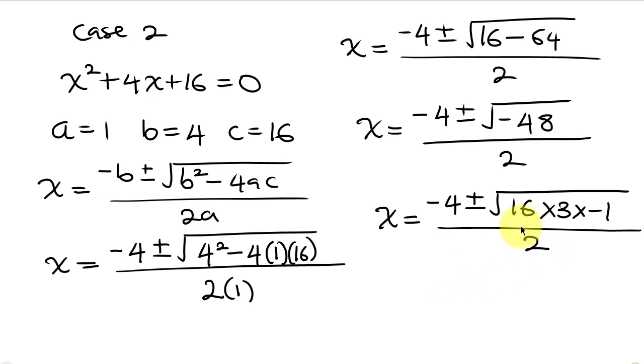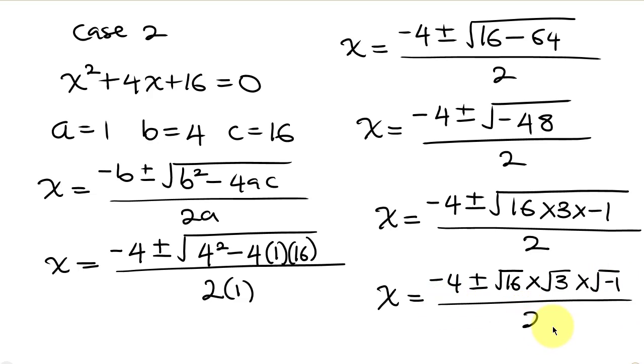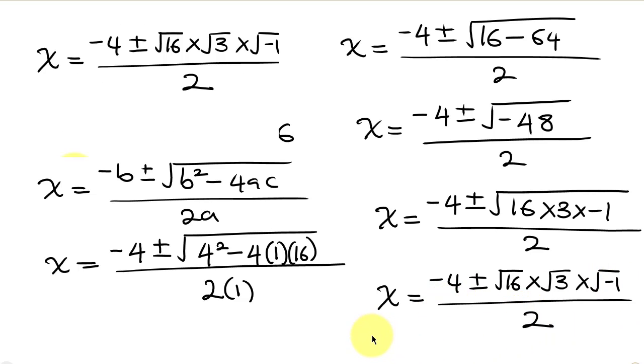Very good. So simplifying what we have here, x will be negative 4 plus or minus the square root of 16 times the square root of 3 and then times the square root of negative 1 all over 2. Very good.